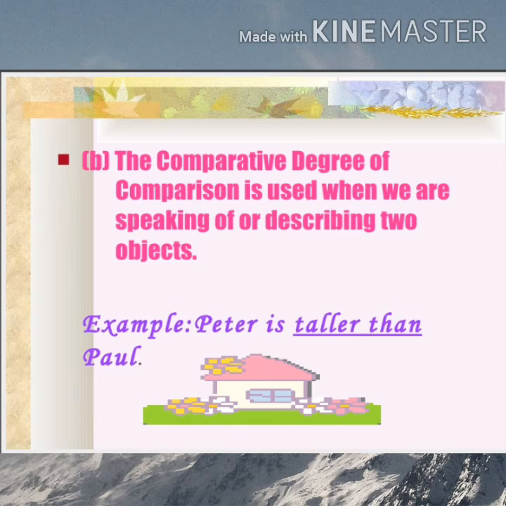Now let's see point number 2. The comparative degree of comparison is used when we are speaking of or describing two objects. For example, Peter is taller than Paul. Here in this sentence, we are comparing Peter and Paul.